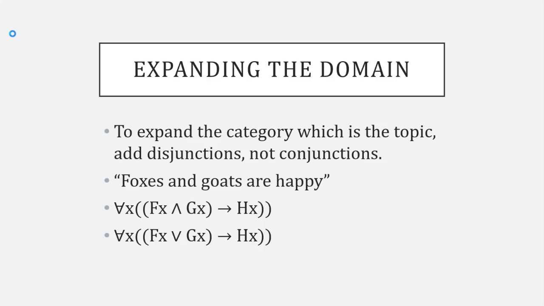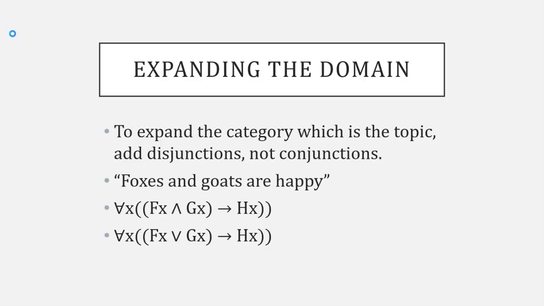And recall this as well. So this is again with the universal affirmative. To expand the category, we use disjunctions. To narrow it, we use conjunctions. So the first sentence, if I want to say foxes and goats are happy, where F is a fox and G is a goat and H is happy, the first one says anything that is both a fox and a goat is happy. There's not many things like that.